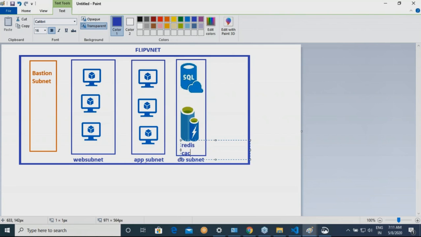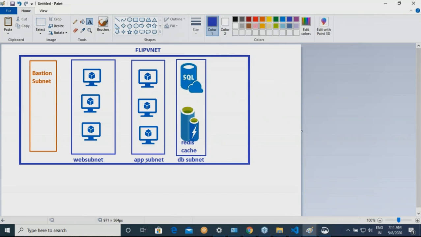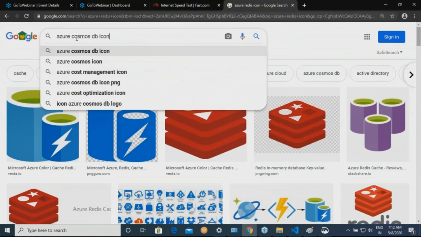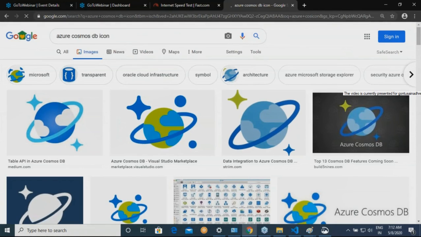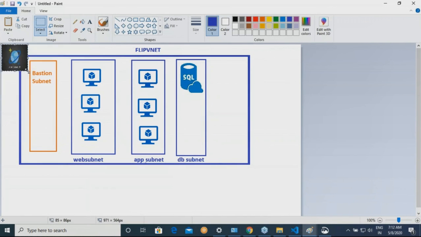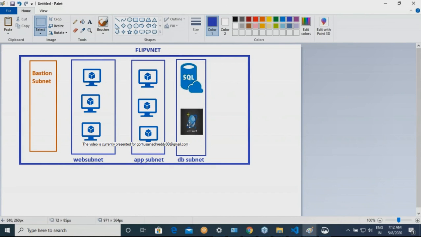This is Redis cache. Or let me not do Redis cache. Redis cache we will do anyway, but let me put Azure Cosmos DB. So this will be your Cosmos DB. This will be our setup.